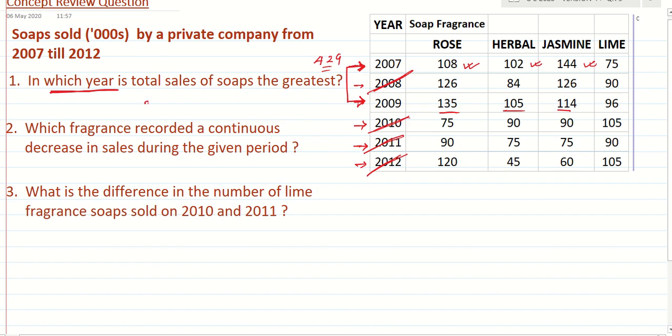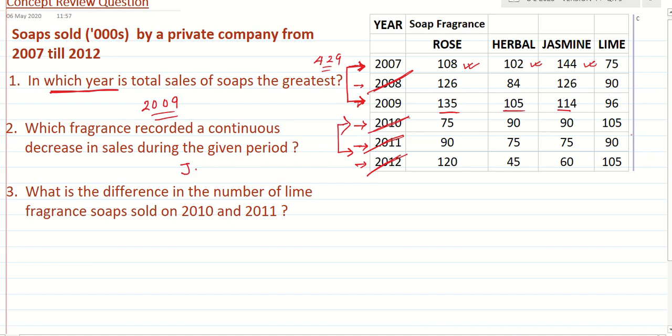What is my answer then? 2009. Greatest. Which fragrance recorded a continuous decrease in sales during the given period? Decrease. Correct. Decrease. Jasmine. Right answer. What is the difference in the number of lime fragrance soaps sold in 10 and 11?